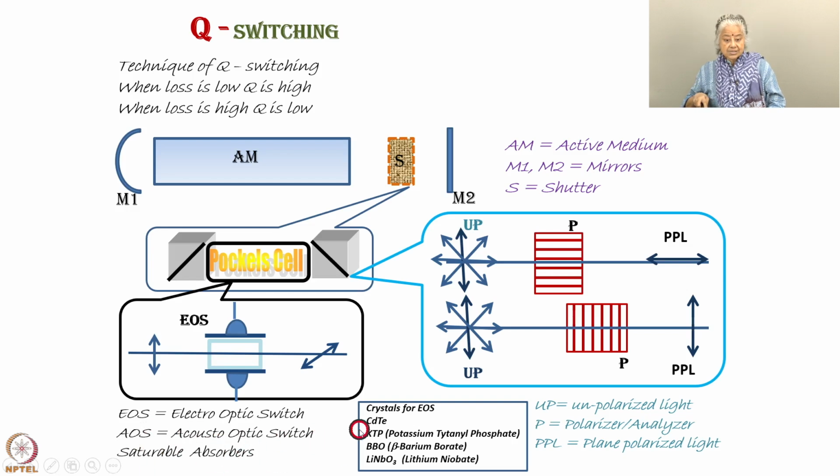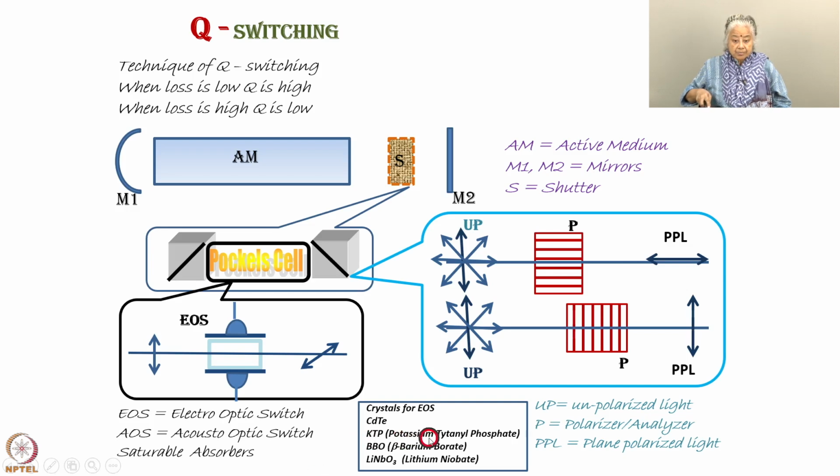Some of the crystals used for the electro-optic switch are cadmium telluride, generally used for the carbon dioxide laser in the 10.6 micrometer wavelength range. You have to choose these crystals depending on the wavelength you want to use them for.